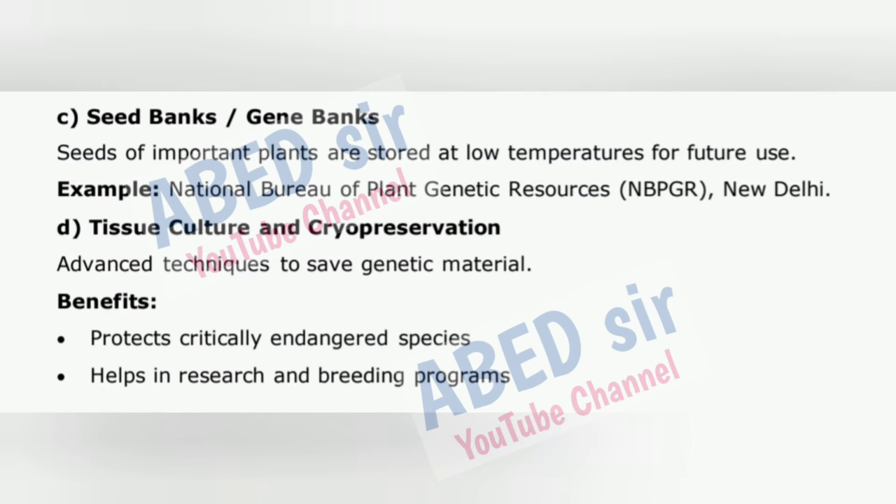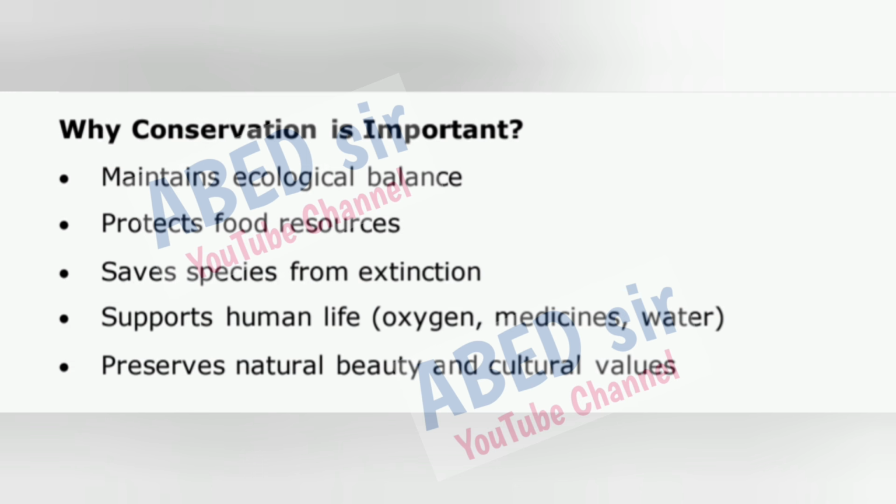Benefits. Protects critically endangered species. Helps in research and breeding programs. Why conservation is important? Maintains ecological balance. Protects food resources. Saves species from extinction. Supports human life, oxygen, medicines, water. Preserves natural beauty and cultural values.